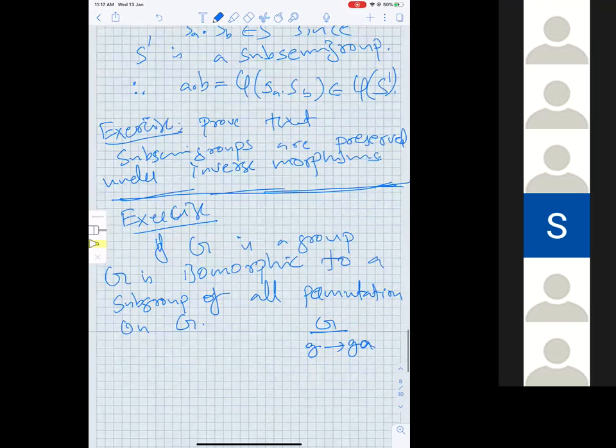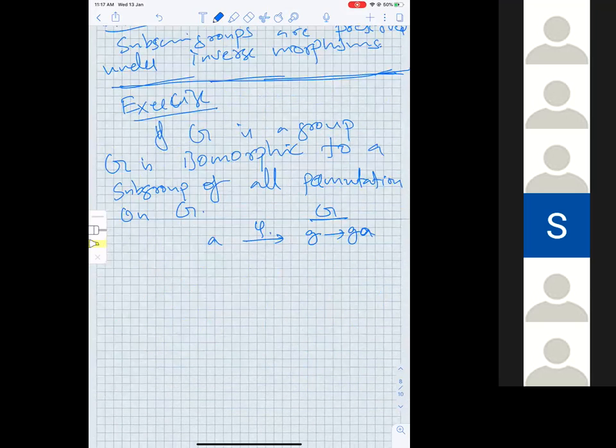Since G is a group, G is also a semigroup. So you look at the proof which we just concluded. It maps every element A in G to a transformation which takes every element of G to GA.